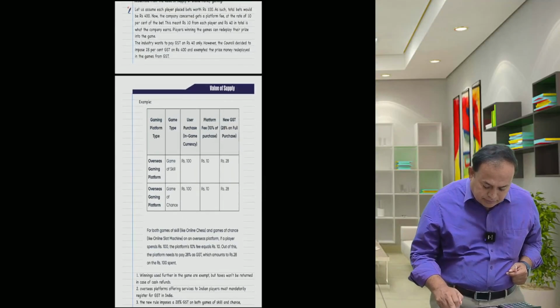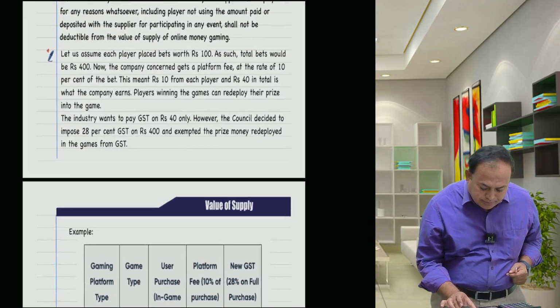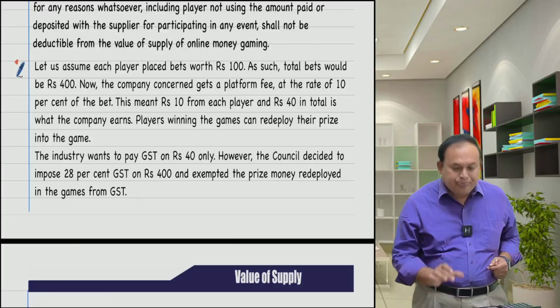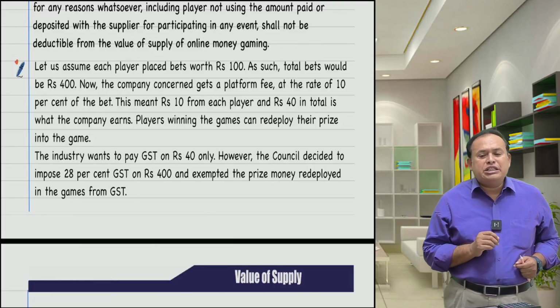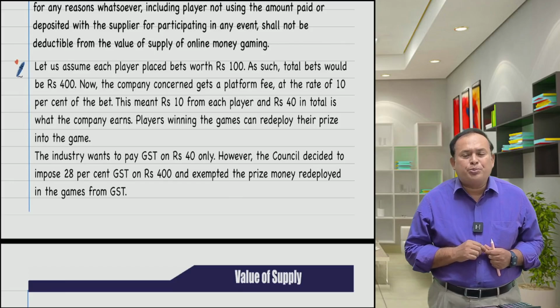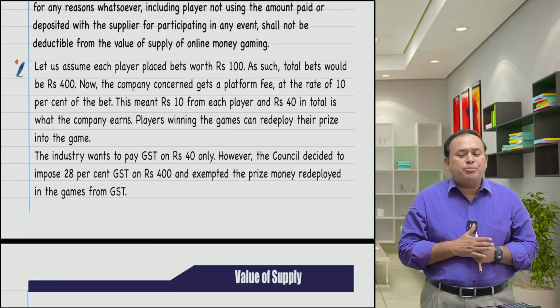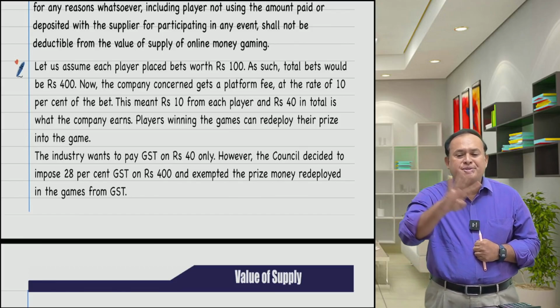Coming to the casino, one particular example is here. Let us assume each player placed a bet worth rupees 100. As such, the total bet amount is 400 because there are 4 players.